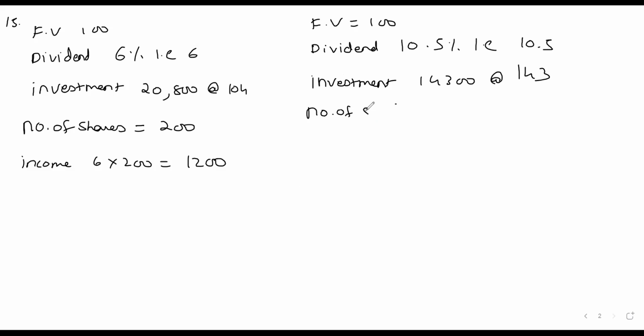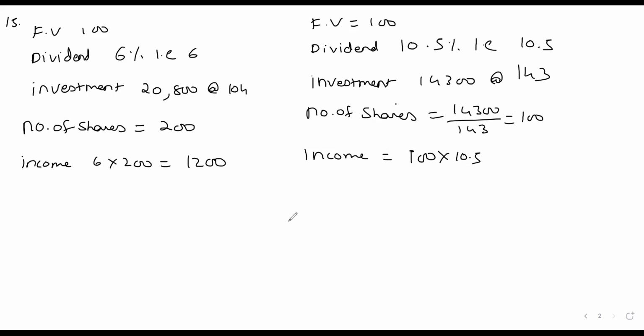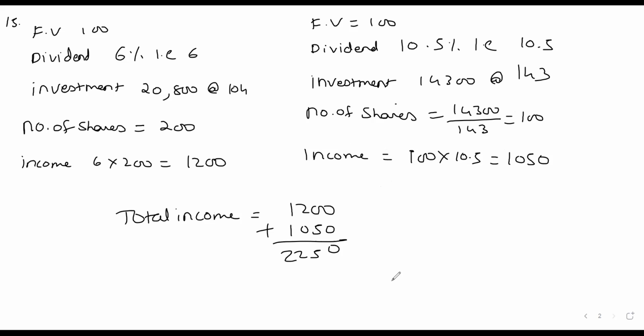So number of shares is 14,300 upon 143, that is 100. So income will be 100 into 10.5. That is 1050. So total income is 1,200 plus 1050. 2250 is his total income.